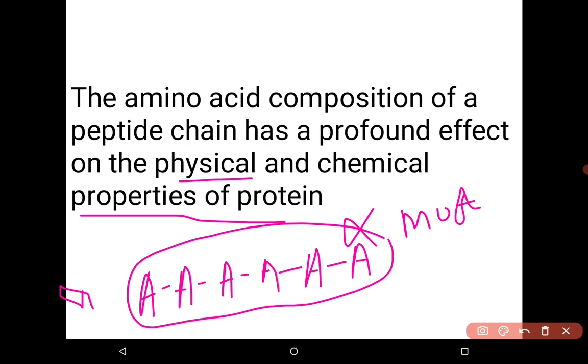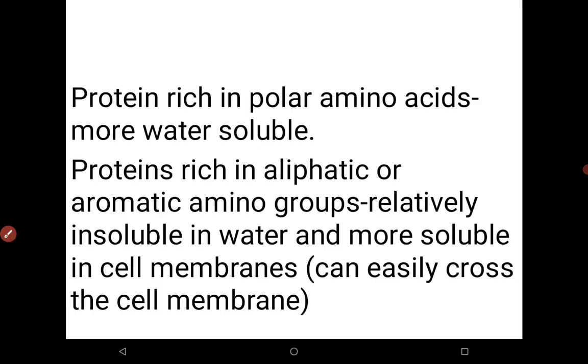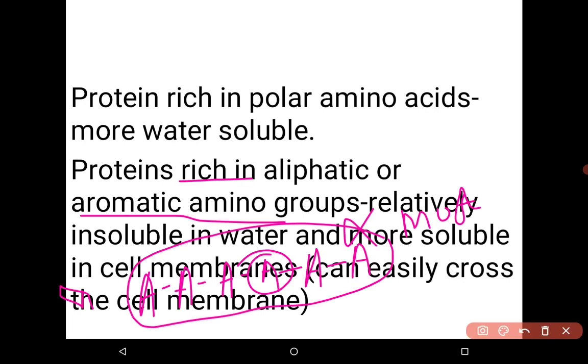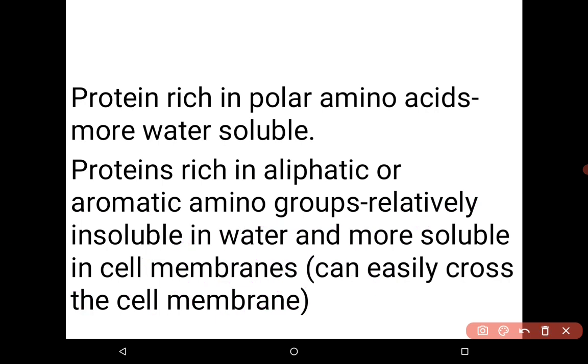Most of them are inherited mutations. Take a protein rich in polar amino acids. If the chain of amino acids contains a lot of polar amino acids, meaning the whole protein will become polar.